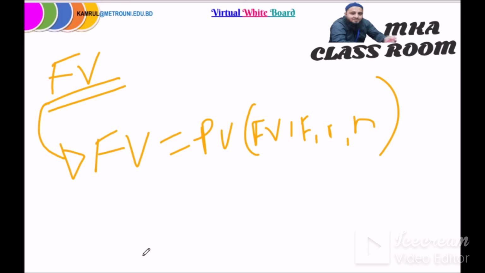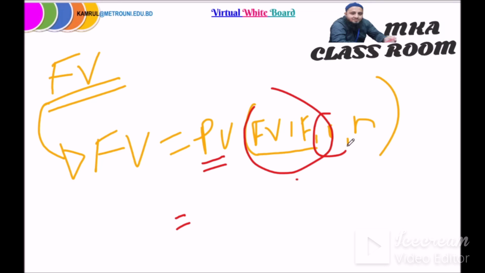The name of the table is future value interest factor. Here you put the present value, which is to be converted to the future value. This is your table: r is the rate of interest and n the number of periods.